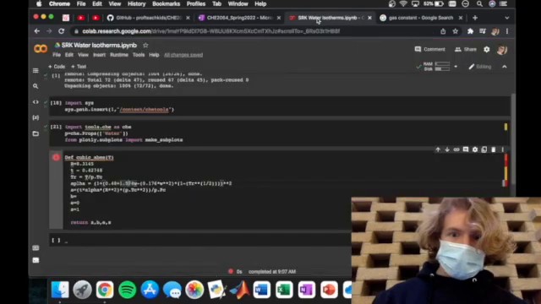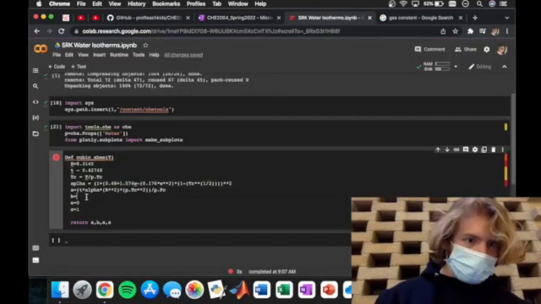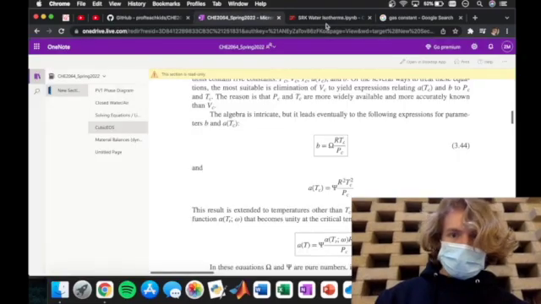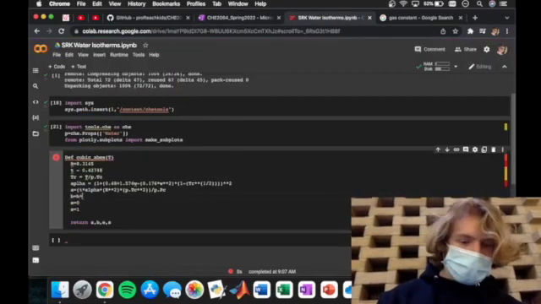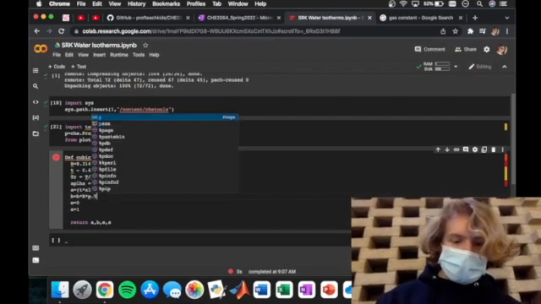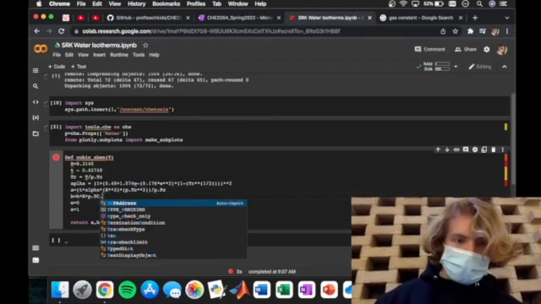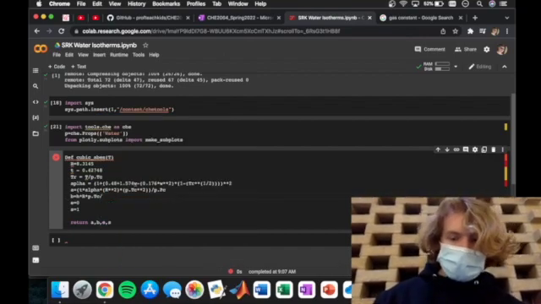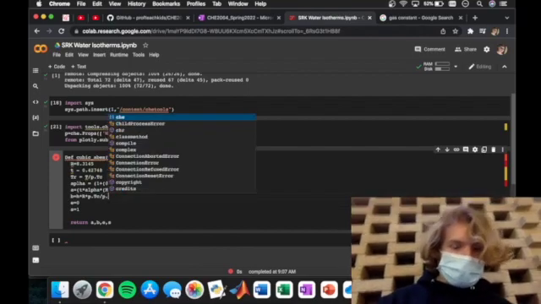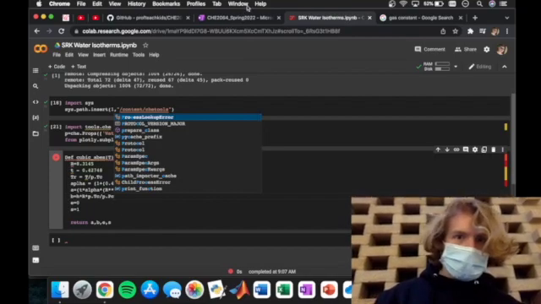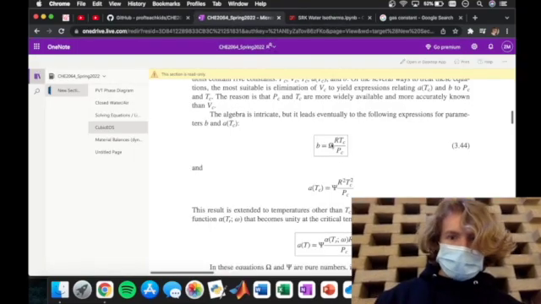So we'll go ahead and do B is equal to H times R times the P dot TC, which is the critical temperature, and that's all going to be over the critical pressure, which is going to be P dot PC, like so.